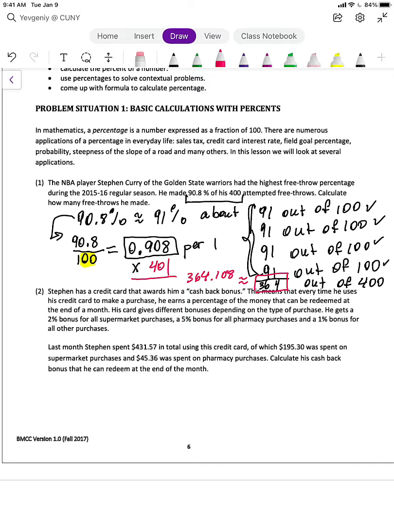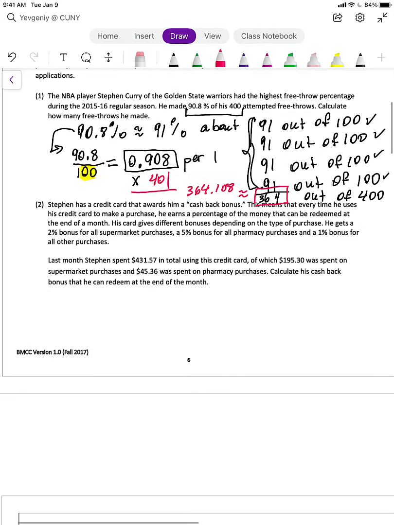You can then use it for purchases. So now his particular card gives different bonuses depending on the type of the purchase. They call those categories. So let's go ahead and put those categories in a table format. He gets 2% for supermarket. So whatever he buys at the supermarket, he'll get 2%.